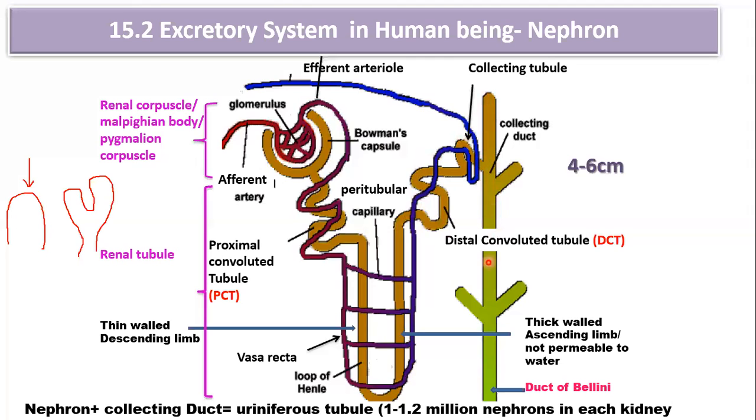Such 7 to 8 collecting ducts will come together and form the duct of Bellini. Okay, so this is called the structure of nephron.